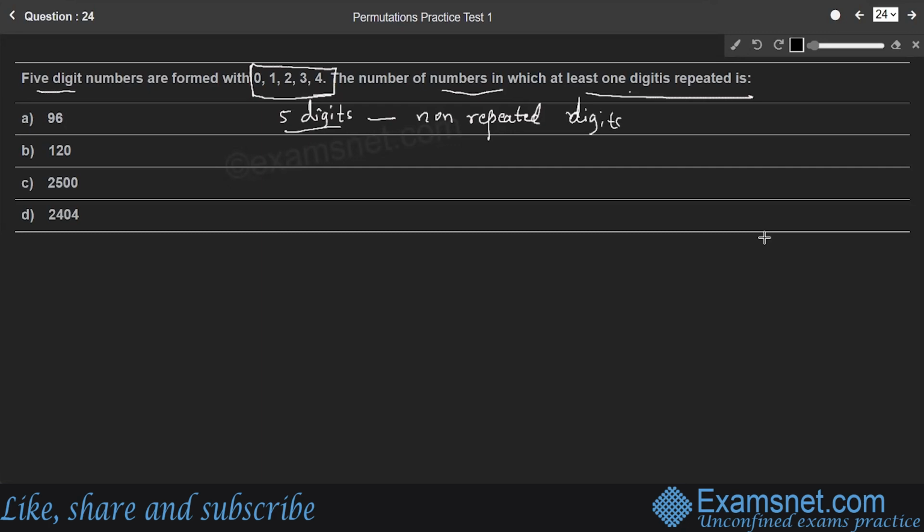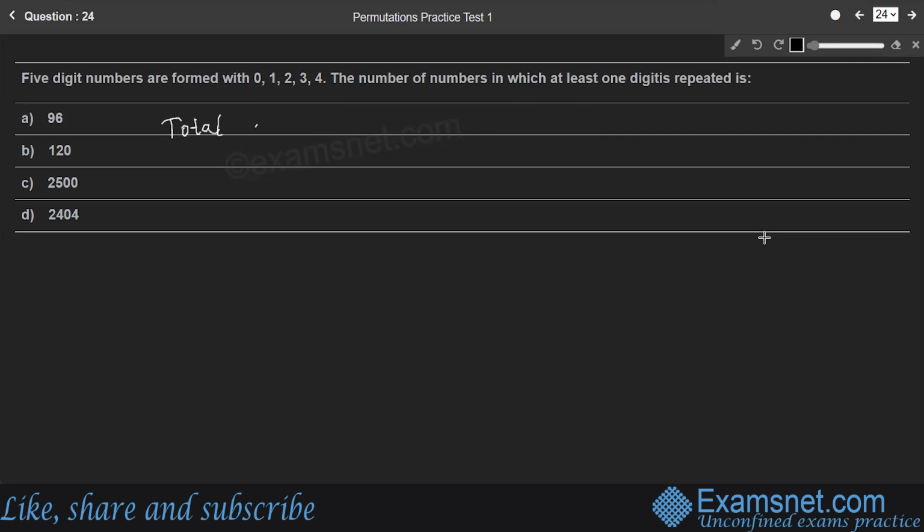At least one digit is repeated. So for that, we'll consider the total number of 5-digit numbers formed using the given 5 digits.